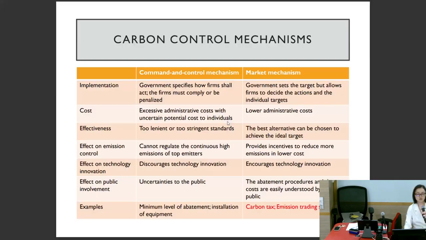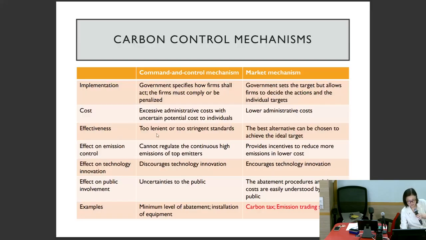Then the overall cost of carbon reduction could be very high, and the administrative cost could also be high because it is the law. You have to find operators, and the government has to check if everyone has complied with the law. So it has large cost implications. And for the market-based mechanism, there are lower administrative costs.